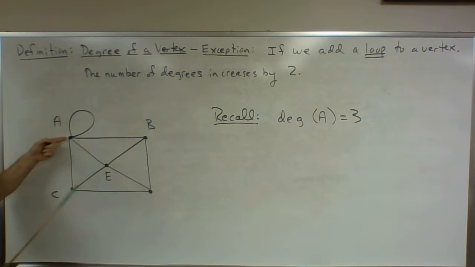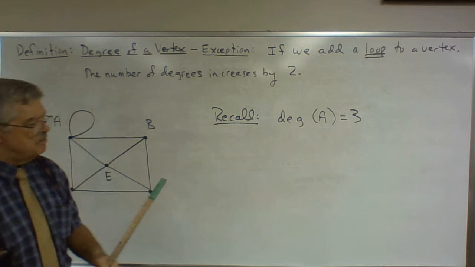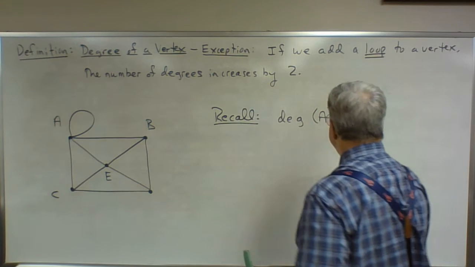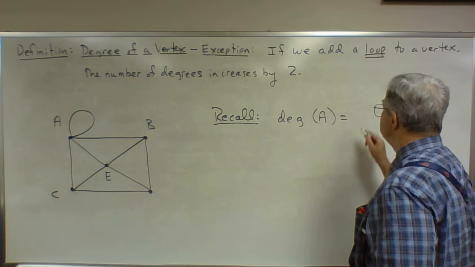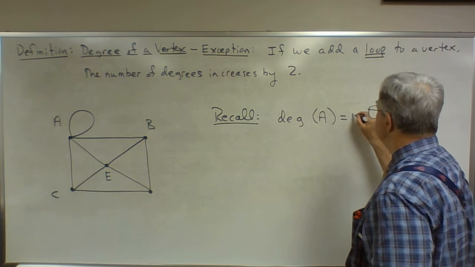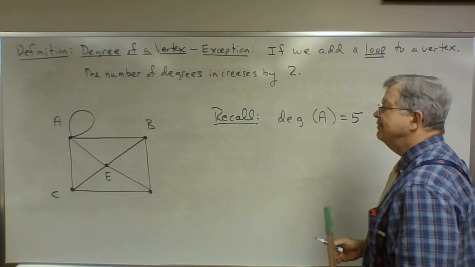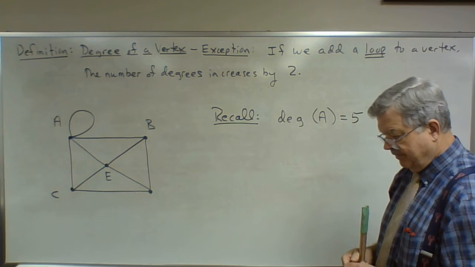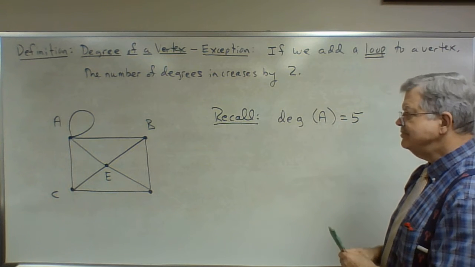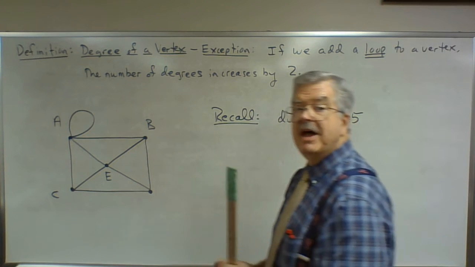I add a loop to vertex A. This is another edge that I'm adding, but because it's a loop, the number of degrees is going to increase by 2. So the degree is 5 now. And suppose I do this.